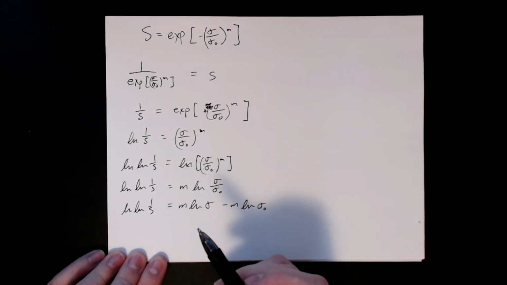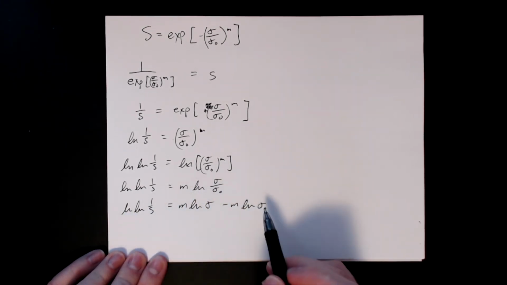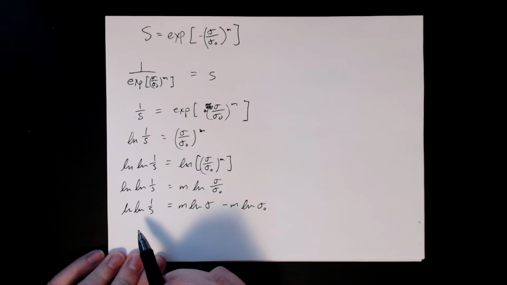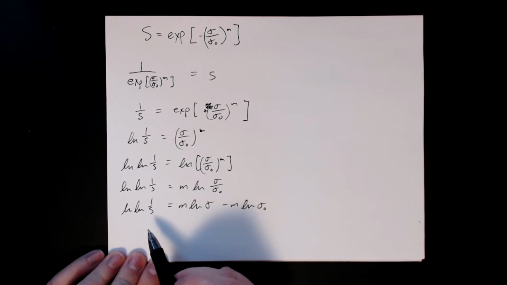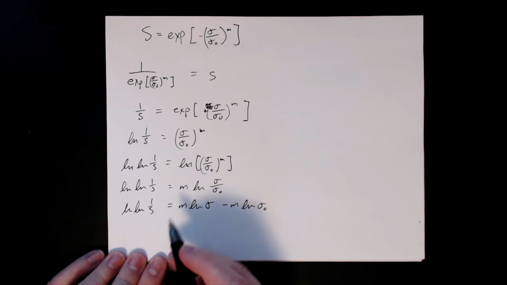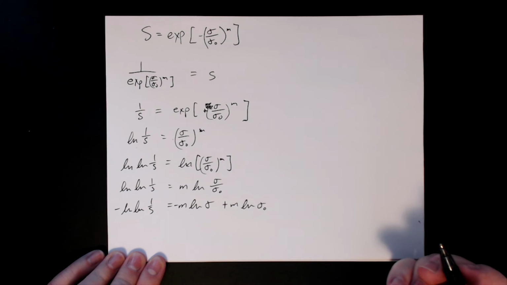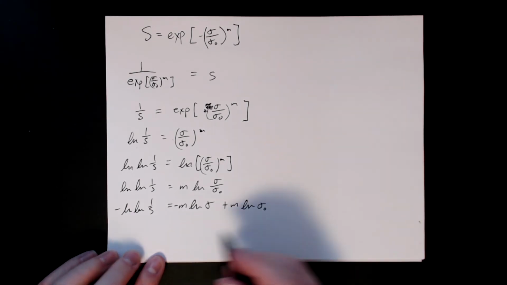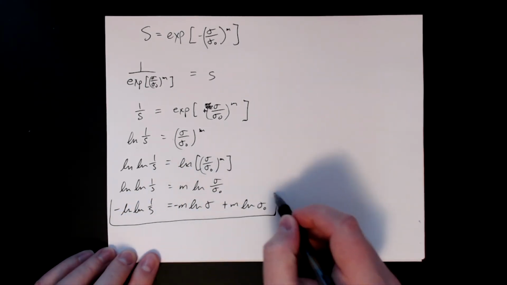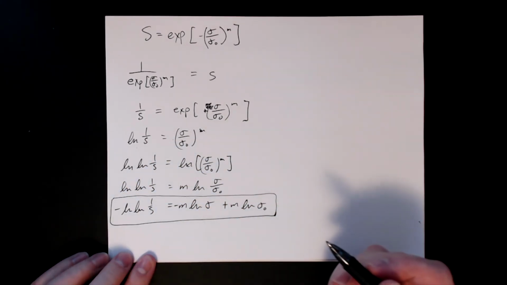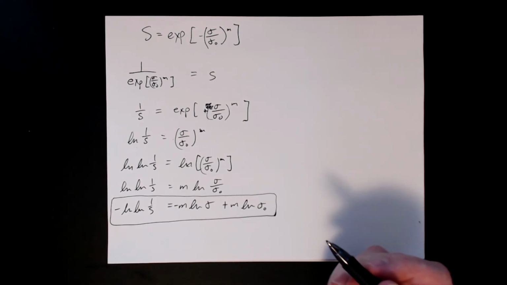And we're going to do one last thing. We're going to take the negative of both sides. Technically speaking, this part isn't necessary, but it makes it more convenient for graphing. So essentially, if we take the negative of both sides, we get this. And in doing this, we have our linearized form, which is what you see in the slides.